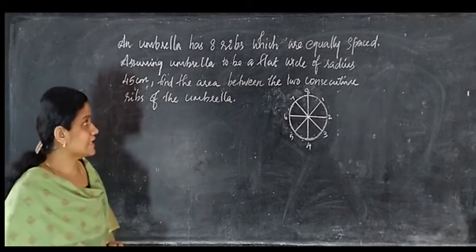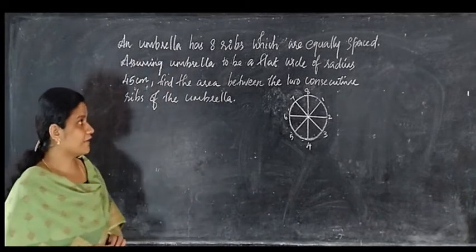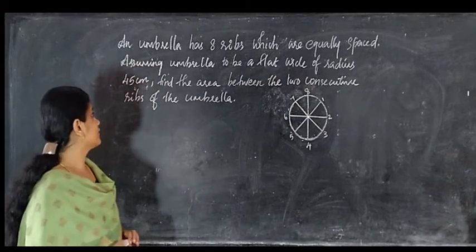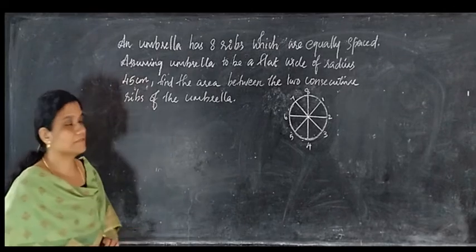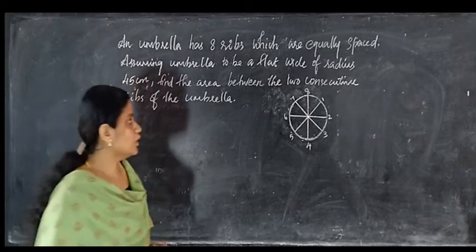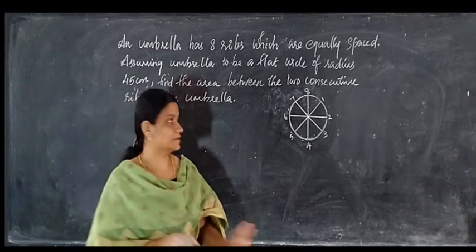An umbrella has 8 ribs which are equally spaced. Assuming the umbrella to be a flat circle of radius 45 cm, find the area between two consecutive ribs of the umbrella. Here the top of the umbrella is considered as a flat circle.